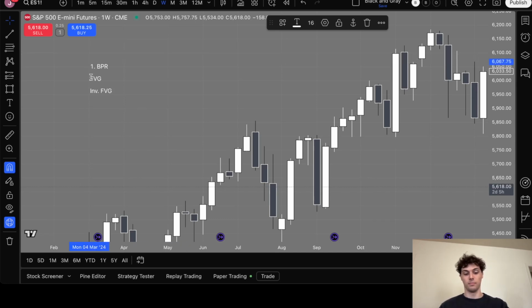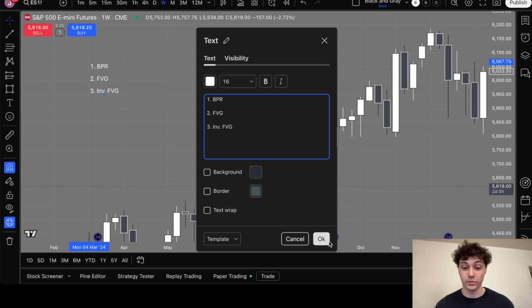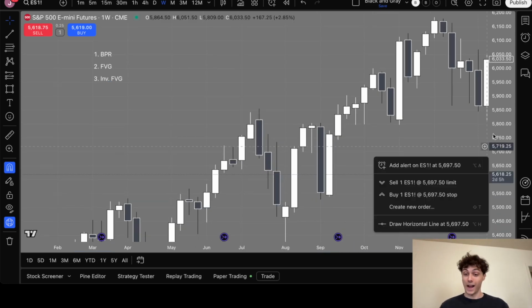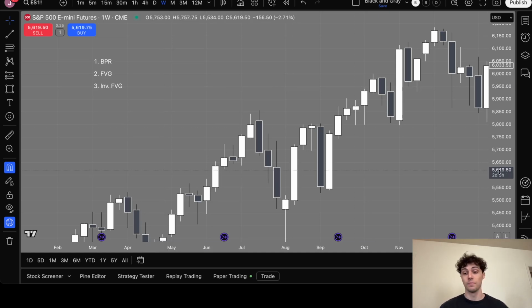This is how you rank them for which one you're going to want to take a trade off the most. That doesn't mean you don't take a trade off of a fair value gap. It just means watch your back if you're trading off of an inverse or a fair value gap. And if you're trading off a BPR and you're wrong, you're probably messing something else up. But anyways, that's the ranking system.